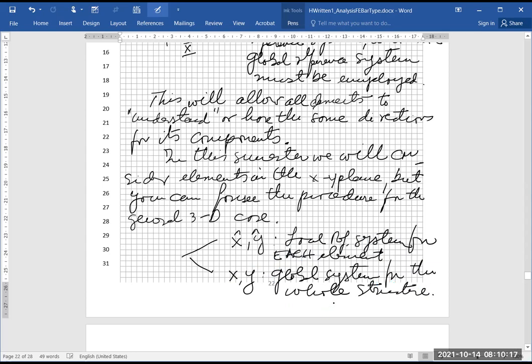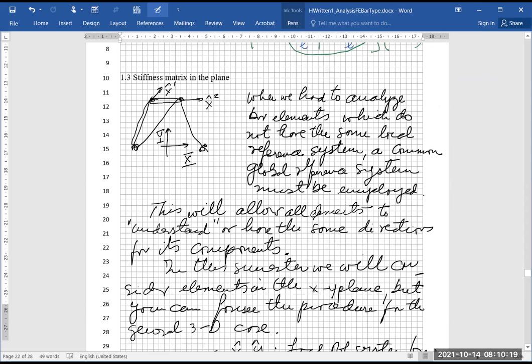So in this case, for example, as we said before, this element, which is inclined, this is the local reference system of local X. For this horizontal one, this is the local X. And you can see something similar for this and for that. And we have a common one, which is this one here.